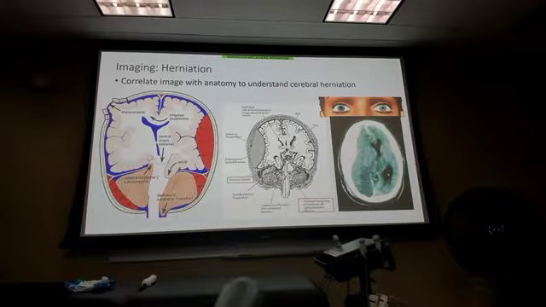Okay, both of these are really, really horrible outcomes. Like if you have a tonsillar herniation, you basically have killed your midbrain and you're not gonna survive. You're basically brain dead at that point. Okay, there is no coming back from a tonsillar herniation. Okay, that is your breathing center.